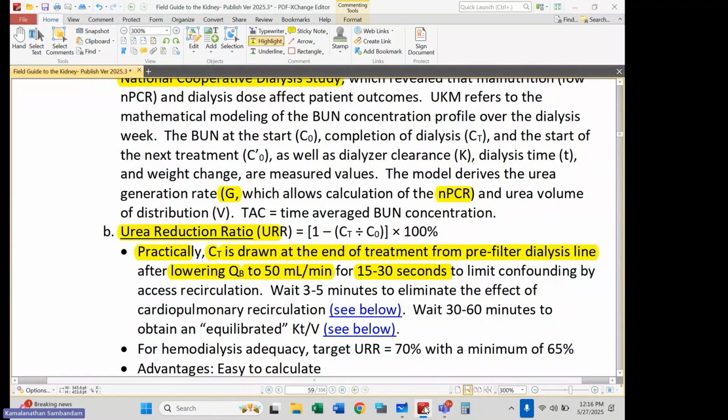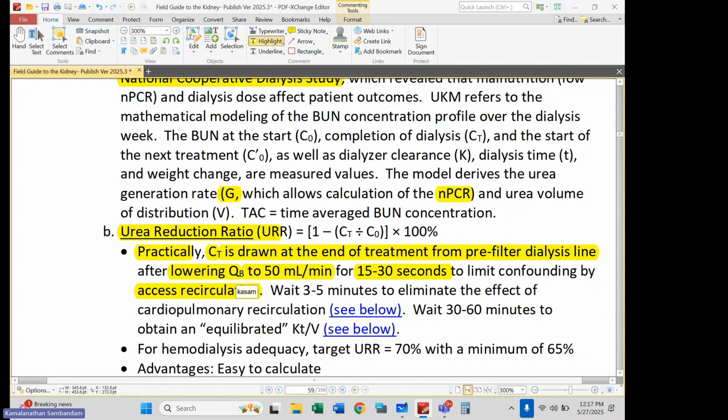Okay, and so that could, in principle, lower your post-dialysis urea concentration. So we run the blood flow quite low for 30 seconds or so. That essentially takes out any recirculation that may falsely reduce your post-dialysis urea concentration.